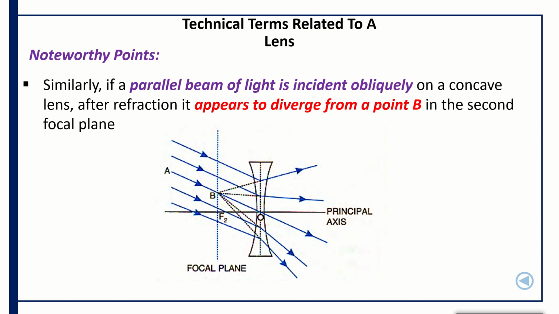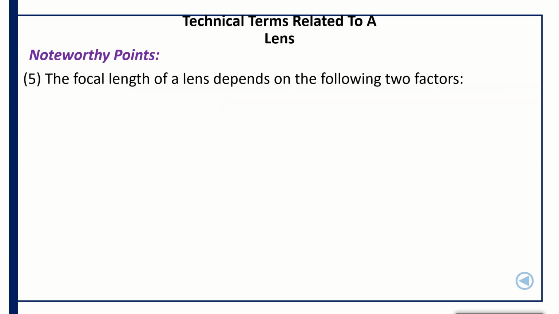Here they have mentioned B, but we can consider it as any other point in the focal plane of that concave lens, but not the principal focus, right? So, these are the noteworthy points.